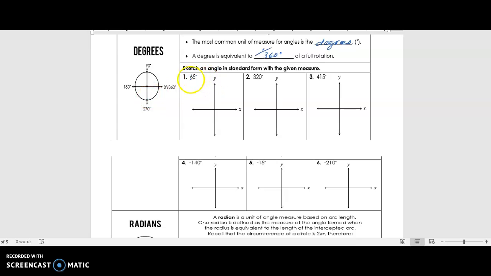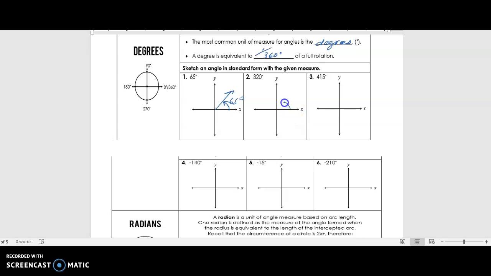So let's now sketch an angle 65 degrees. You could take a protractor to do this, but I'm going to eyeball it. So it's probably here. So this is going 65 degrees in the counterclockwise direction because it's given as a positive angle, right? Now 320 degrees. 320 degrees is just 40 short of 360.